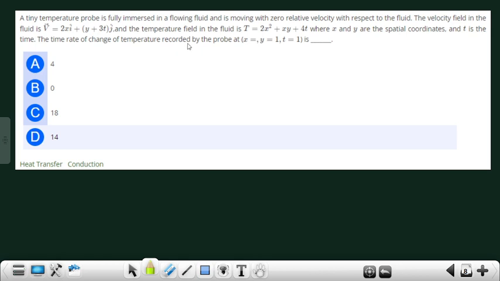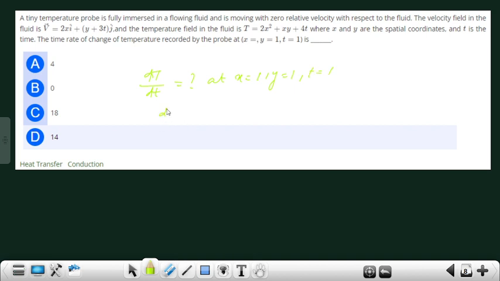The rate of change of temperature recorded by the probe. So we have to find dT by dt, the temperature with respect to time. We have to find it at x is equal to 1, y is equal to 1, time is equal to 1.